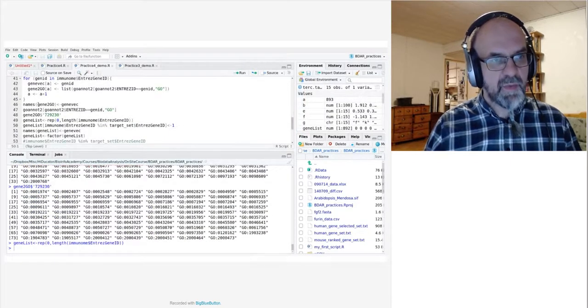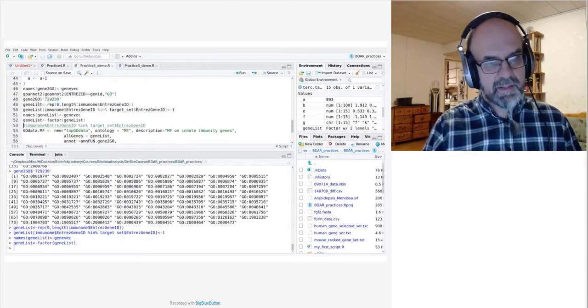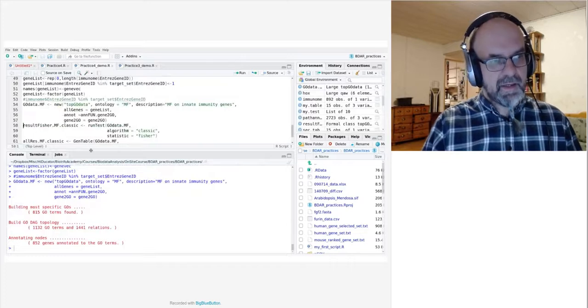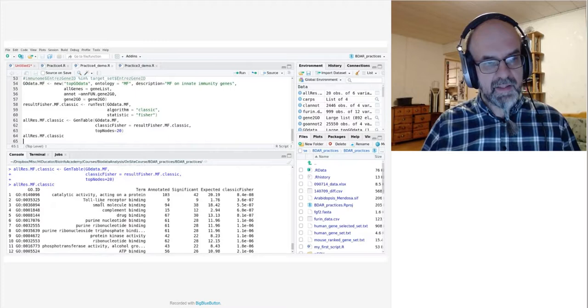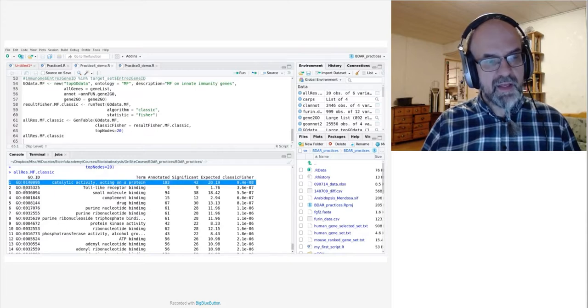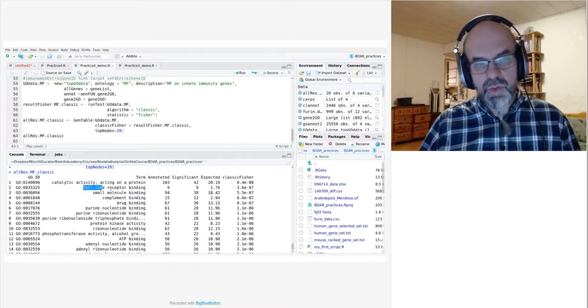So remember we have a target list and a background list, and here is what we get after performing the overrepresentation analysis. We have a table where the individual rows are ontology terms. For example, this one is this GO ID. This is the toll-like receptor binding ontology.